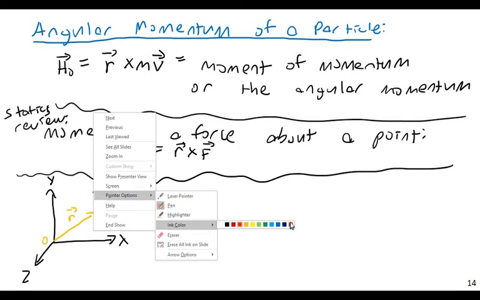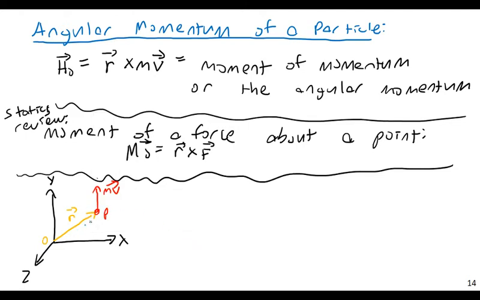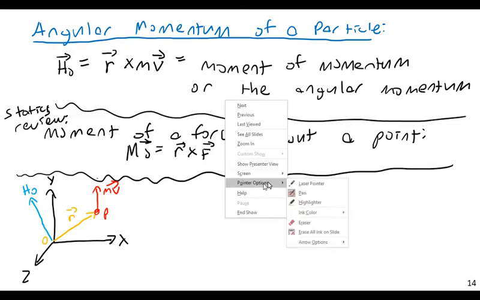Just like the cross product always gives you a mutually perpendicular vector, so the vector will always be perpendicular to both of these, but the axis would be acting through the origin here, because that's what we're taking moments about. And this would be your H_O vector, something like this. And the book has a better illustration than I can draw with the hand sketch here, but that's the basic idea.